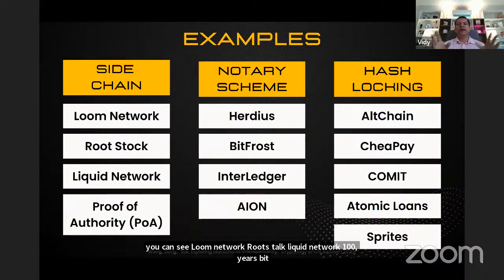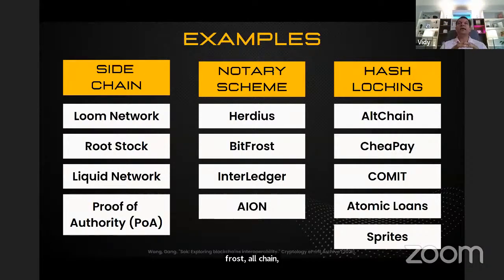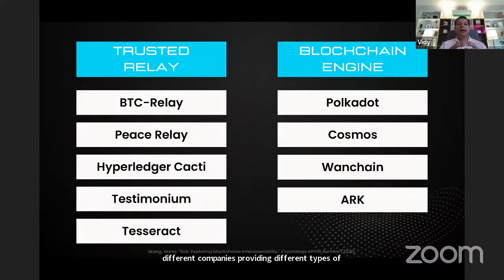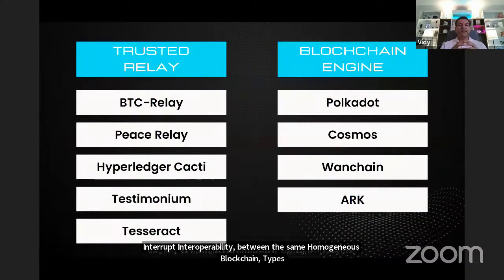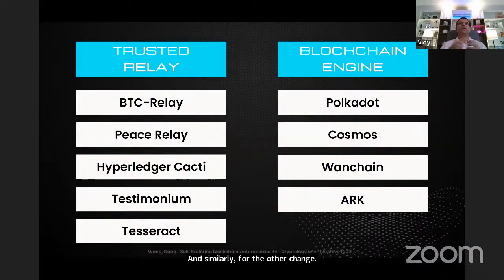There are so many different companies providing interoperability between the same homogeneous blockchain types. And similarly, for heterogeneous blockchains like Hyperledger Fabric and Bitcoin, we have to use something called trusted relays or a blockchain engine. These are different companies providing that form of interoperability between two different types of blockchains.